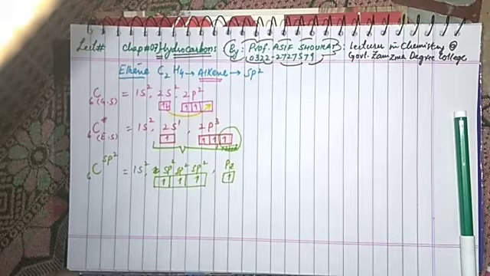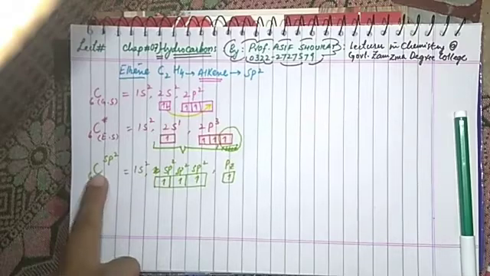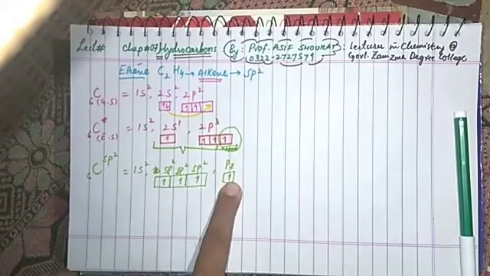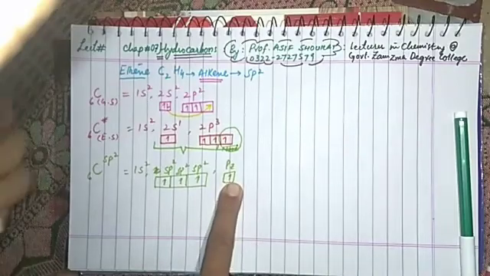It does not participate in the process of hybridization. So students, now you can finalize how many orbitals are there around a single central atom of ethene. Single atom contains 3 hybrid orbitals and one unhybrid orbital.